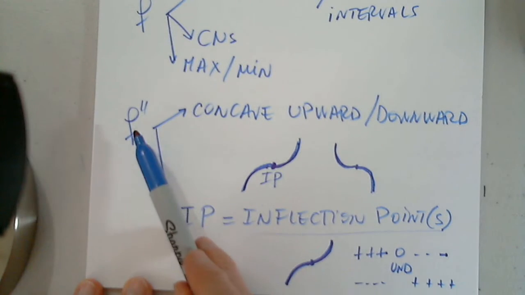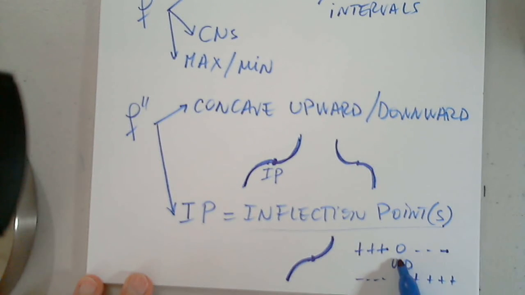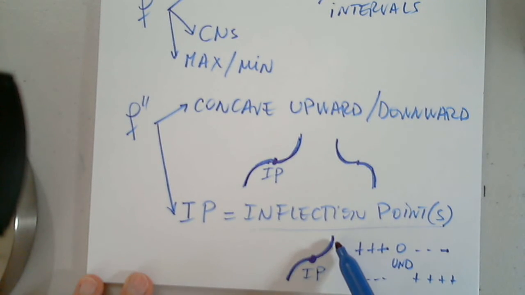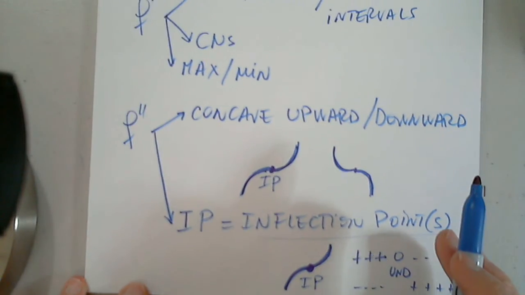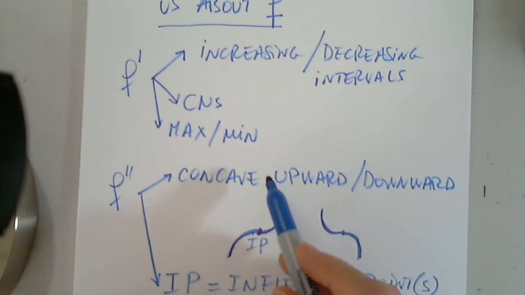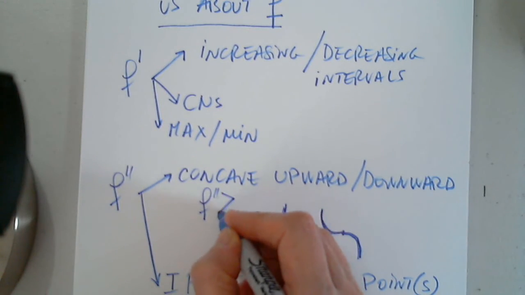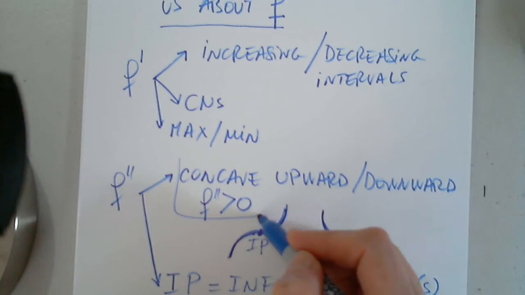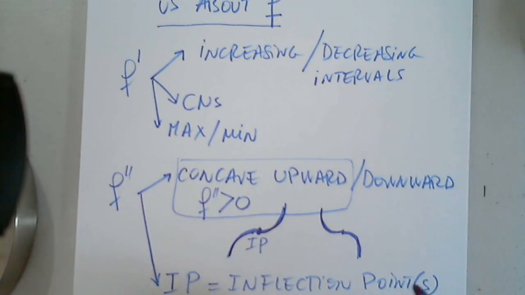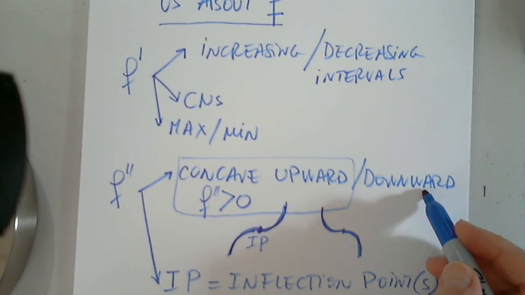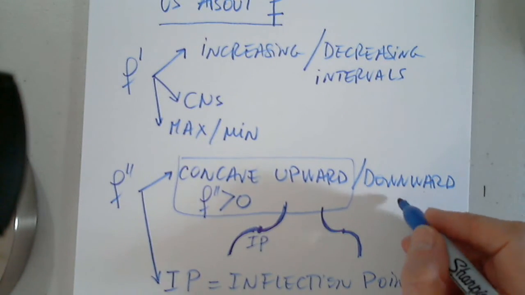If the second derivative does not change sign, this will not be an inflection point. It is an inflection point if it changes sign from opening down to opening up. Now, when is the function concave upward, holds water? When the second derivative is positive. When is the function concave downward? It does not hold water.